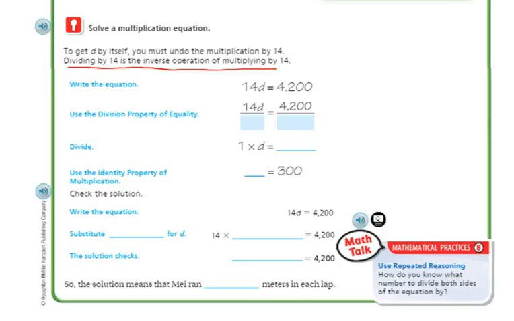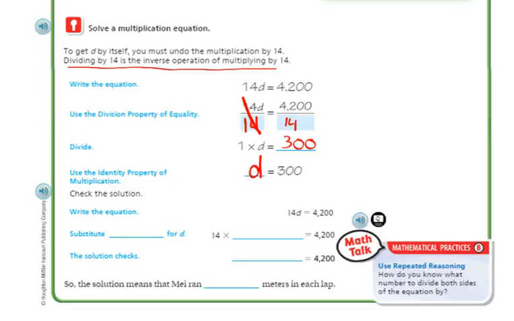So we're going to divide by 14 on both sides because I want to get that d all by itself. So 14 divided by 14 cancels, and then 4,200 divided by 14 gives us 300. So that means d equals 300.